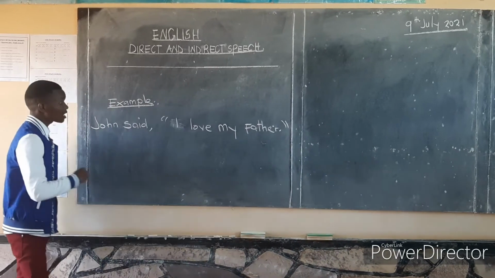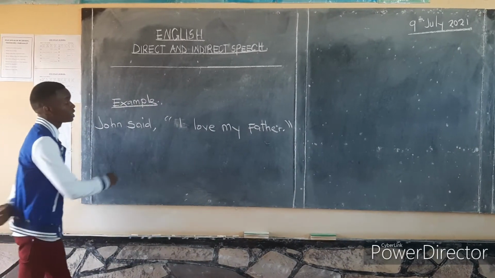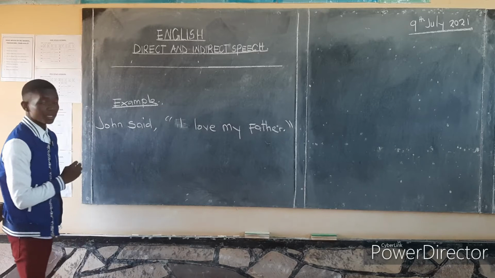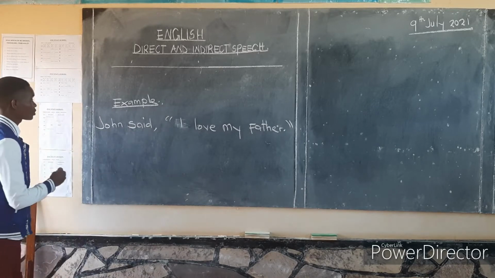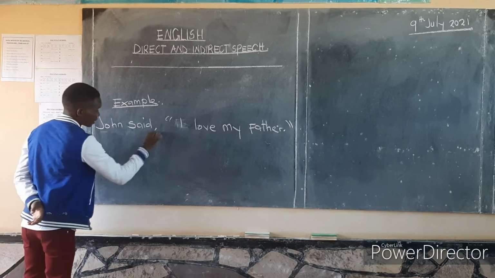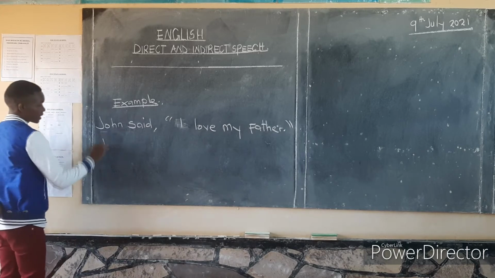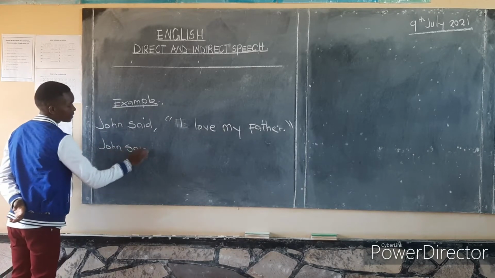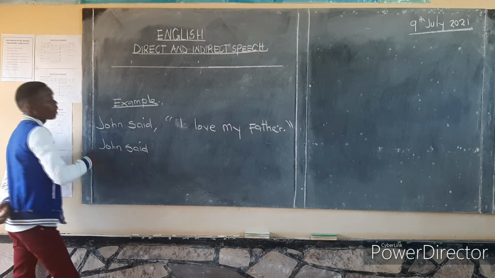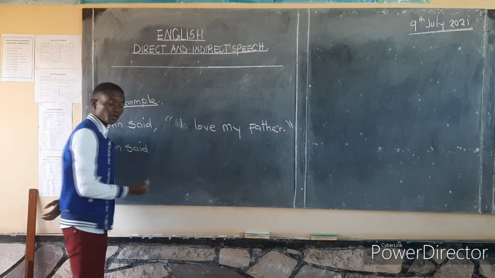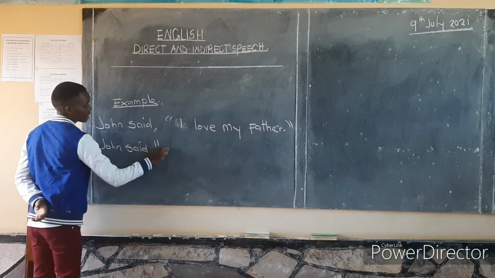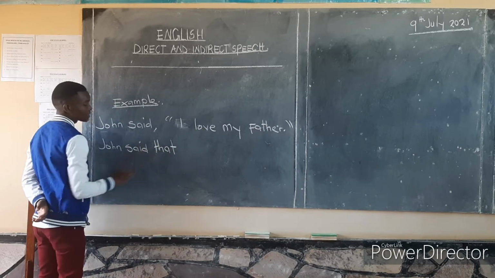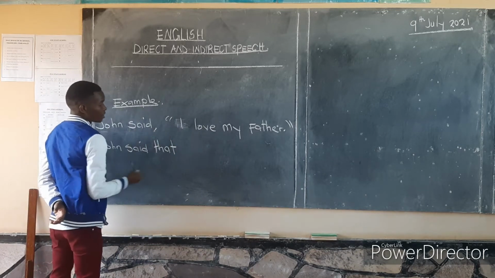But last time we discussed how to change this. Always start with the unspoken words. So we'll say, John said, and then I will introduce the spoken words with that. Said that, and then the I will change.